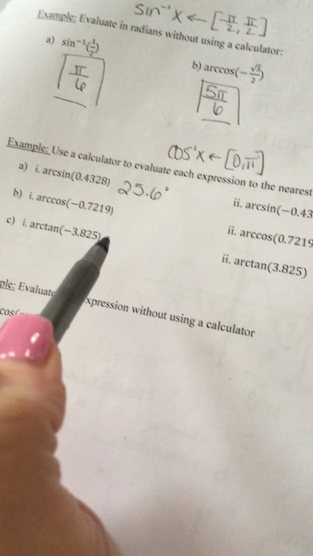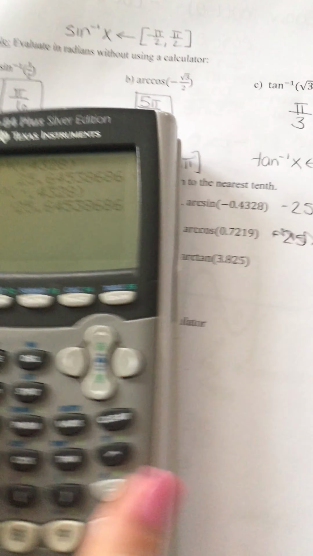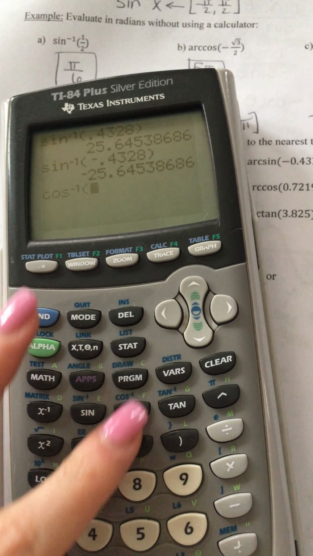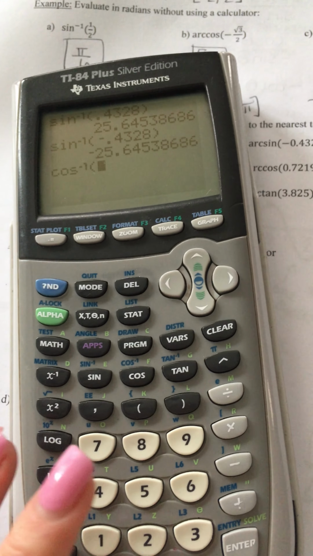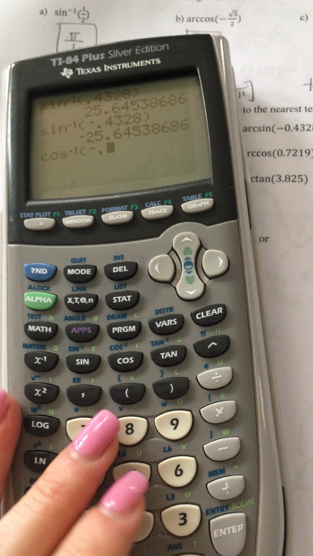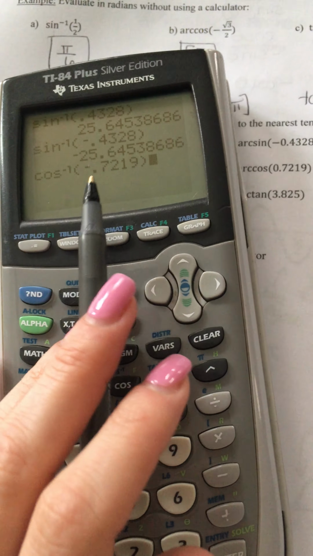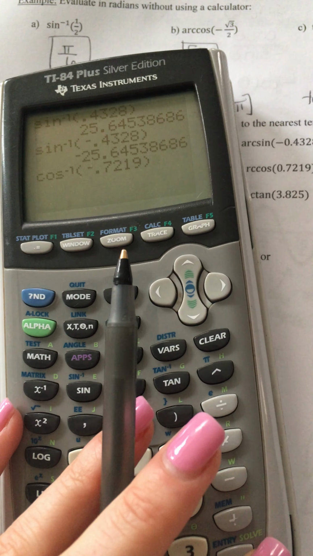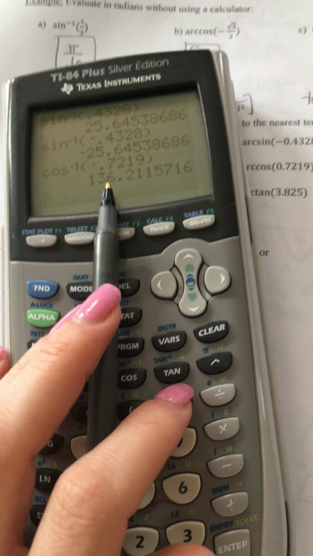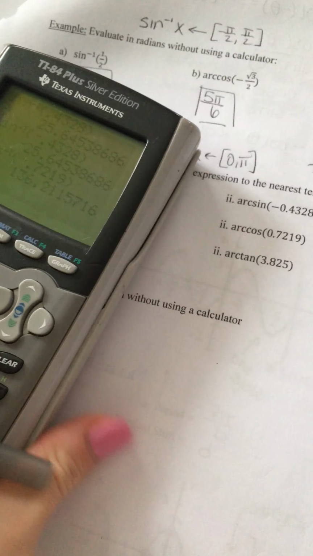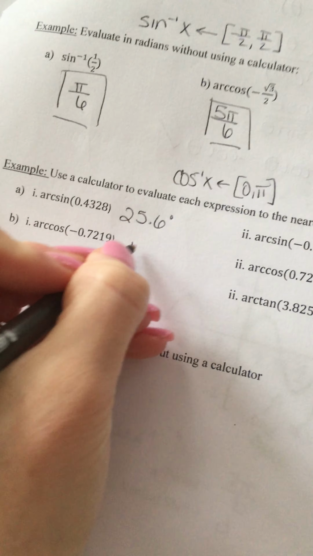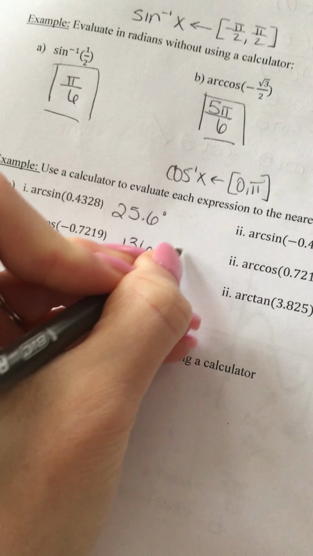So cosine, same thing. We do cosine inverse, and we're going to do the negative one here first. So it's going to be negative 0.7219. Now this should be a second quadrant angle, which it is, 136.2. And that's because of those restrictions.